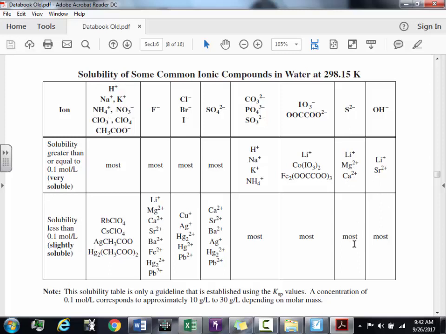So just add that to your own table here. Other than that, this table in the old data booklet is the same as yours, I believe. You guys see all that? So add a column, sulfur 2-, and then lithium, magnesium, and calcium are the 3 things soluble with sulfur. Everything else goes down below.